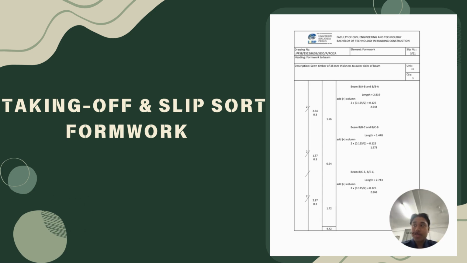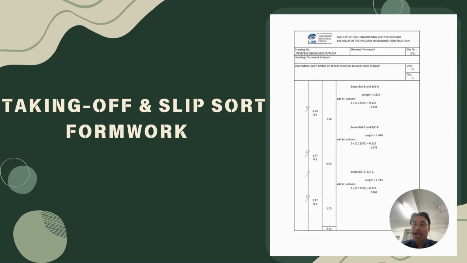For the next beam, which is beam 8 slash B dash C and 8 slash C dash B, the length for the two beams is 1.448. We need to add the column, which is 2 times 0.125 divided by 2, then we will get 0.125.